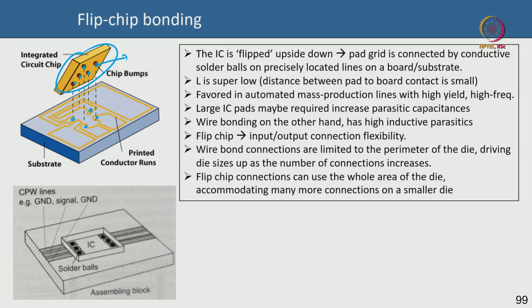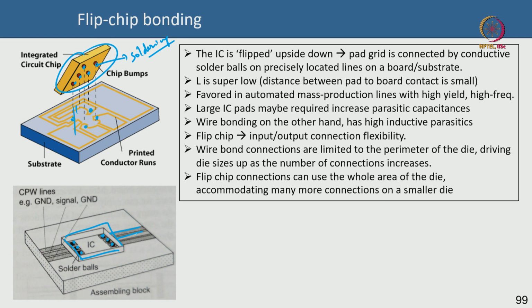These are like solder balls, you can say, or indium bumps, and they are aligned precisely to the printed circuit board. Then you use an instrument called a flip chip bonder. It will flip it and put it upside down, paste it, and then you get this. You see this is upside down. These are the flip chip bumps, the indium bumps, or maybe the metal conductive solder balls.